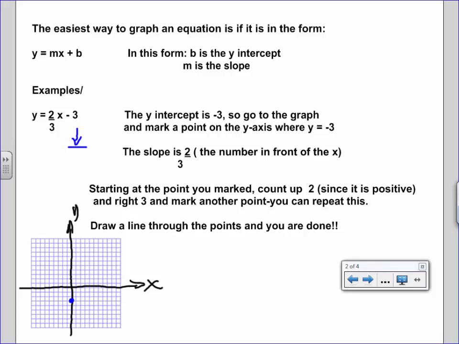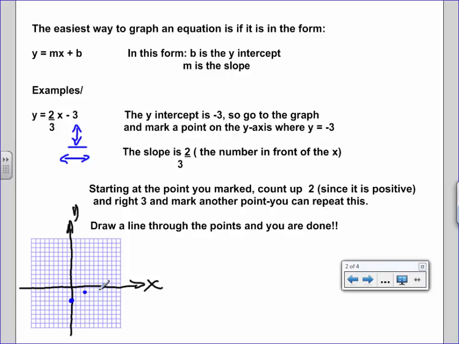So the top number will be your up and down change, the bottom number will be your left and right change. In this case, the top number is +2, so we're going to count up 2. The bottom number is +3, so then we'll go right 3. Up 1, 2, right 3, and put a mark there.